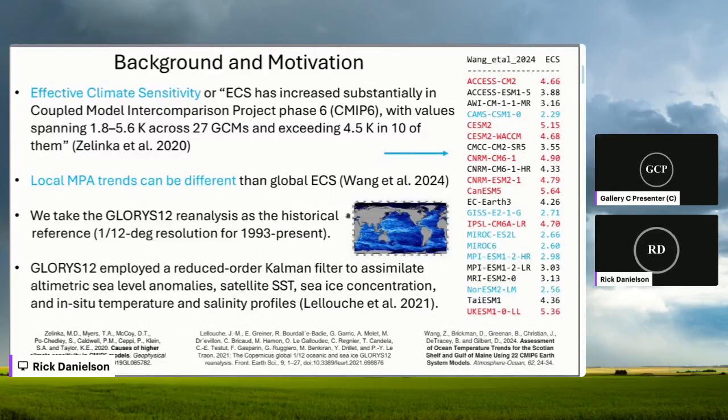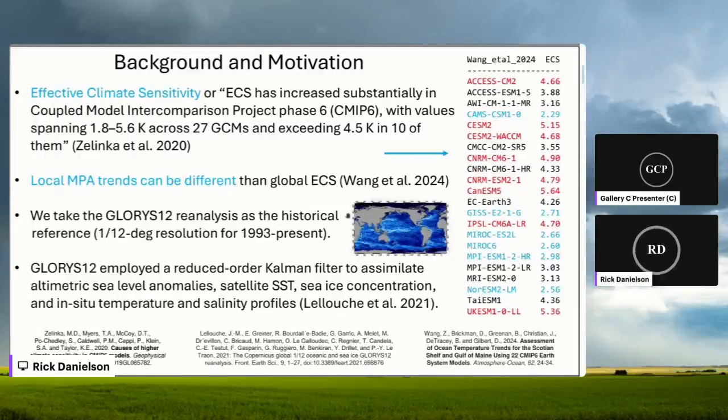So a hypothetical quantity that describes in some stable sense how sensitive these models are to the forcing that is given to them. But the local trends can be different.